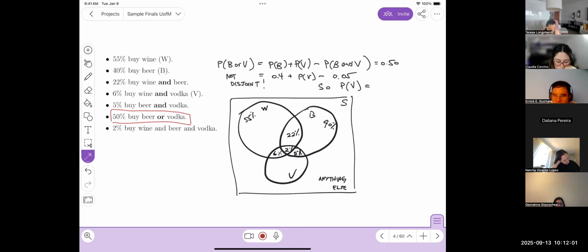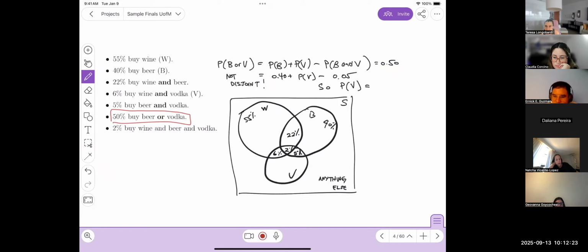These have to add up to 50. So we have 40 and we have 5. No, we don't. What do we have? Yeah, we have 35 to make 50.